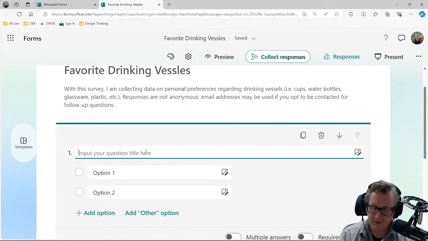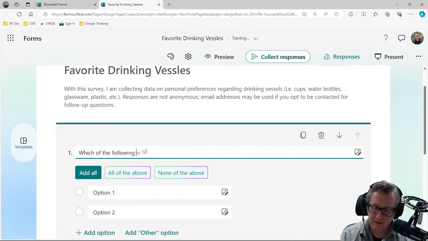So I'm not going to say drinking from containers is hard. Which of the following drinking containers have you used in the past week?